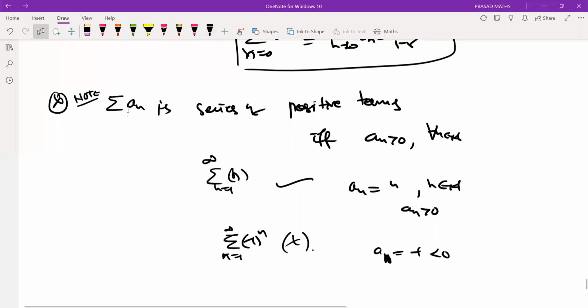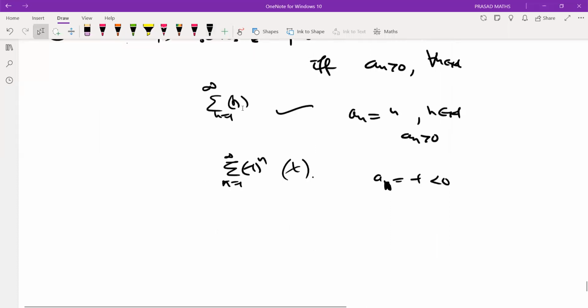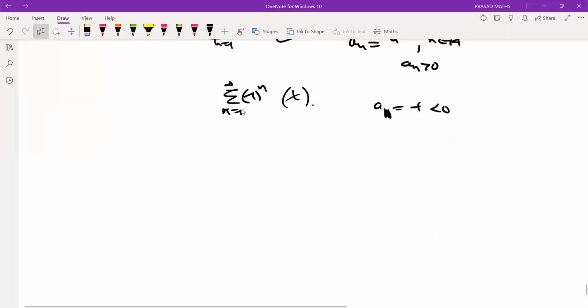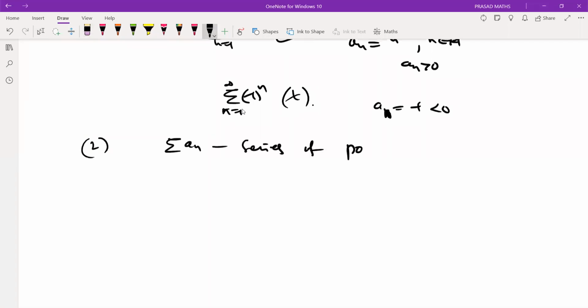So what is the advantage of this? What is the main advantage of this? Whenever you are given a positive term series, the series is a series of positive terms. Right?